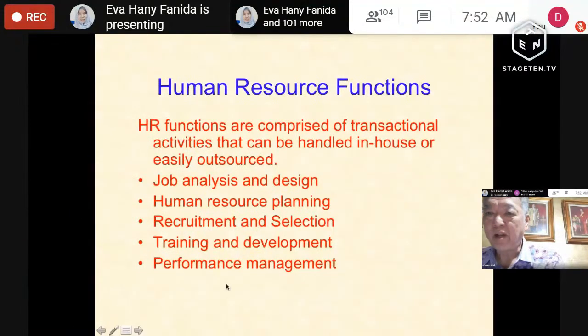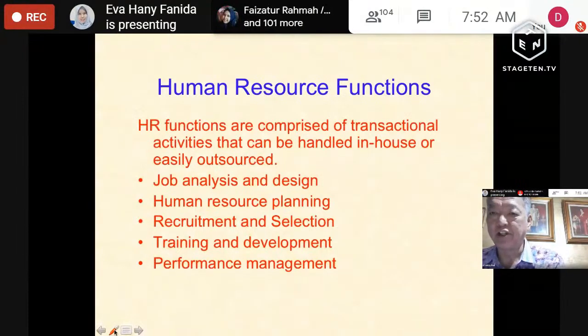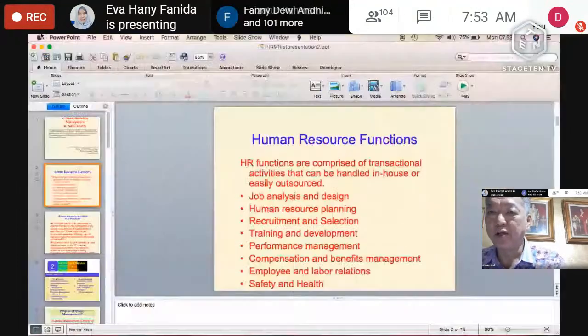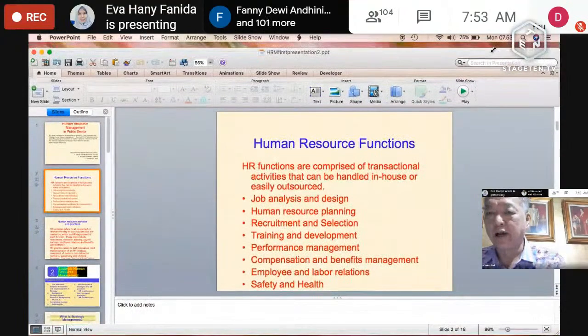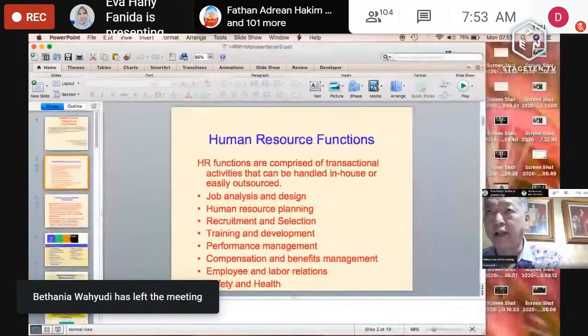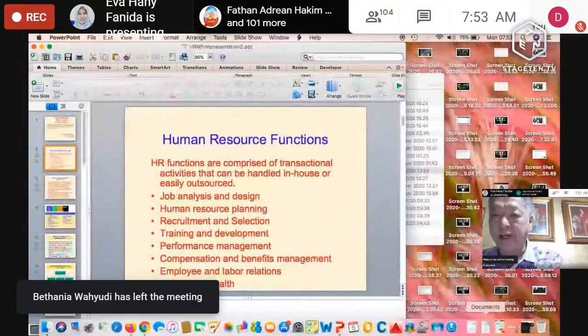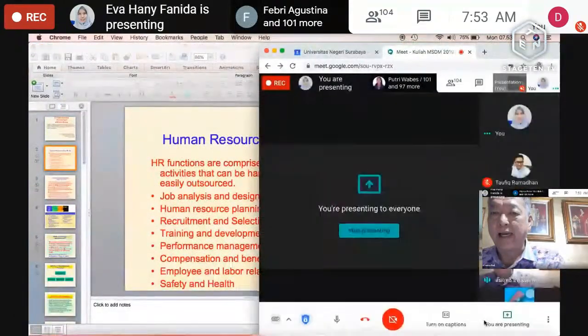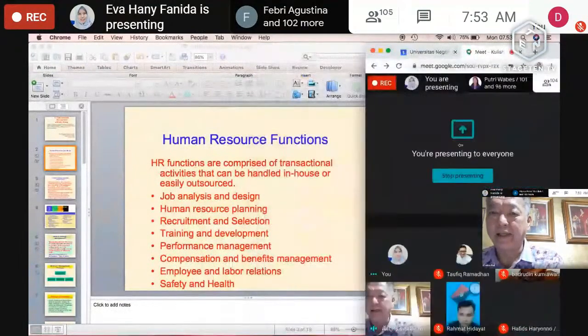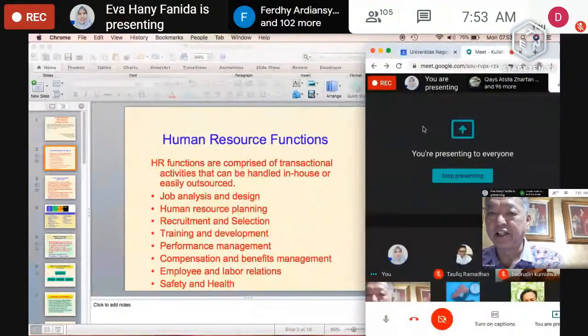Okay. So the next function is performance management. When employees work for the organization, sometimes if they work by their own view, the results might not match our expectation. So we try to decide how they can work for us and meet the organization's need.